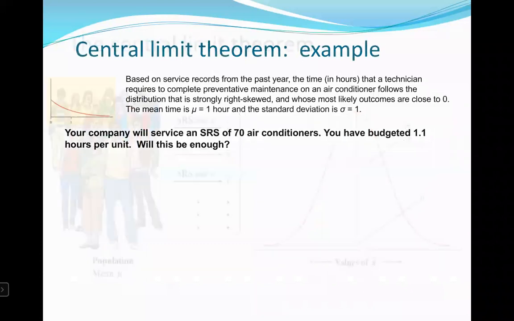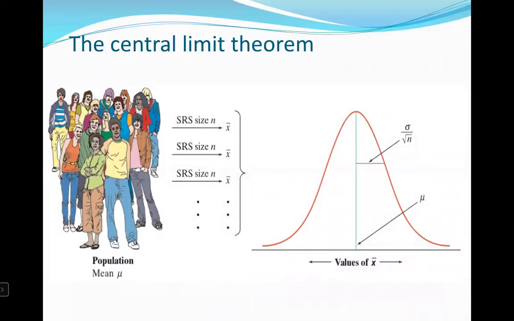Okay, so we have a population with mean mu. We have a simple random sample of that population, so a subset of that population of size n. We find every possible size n SRS we can and find the mean.